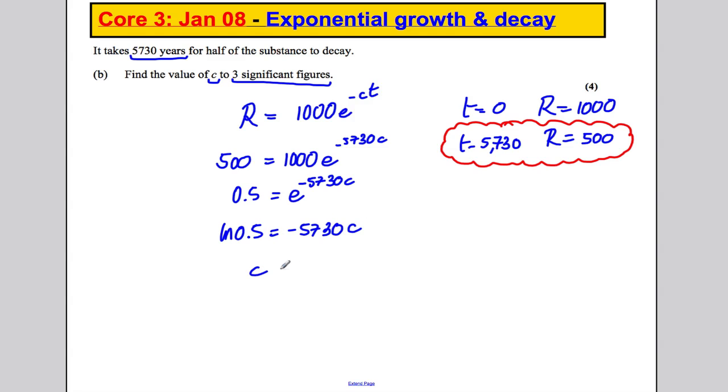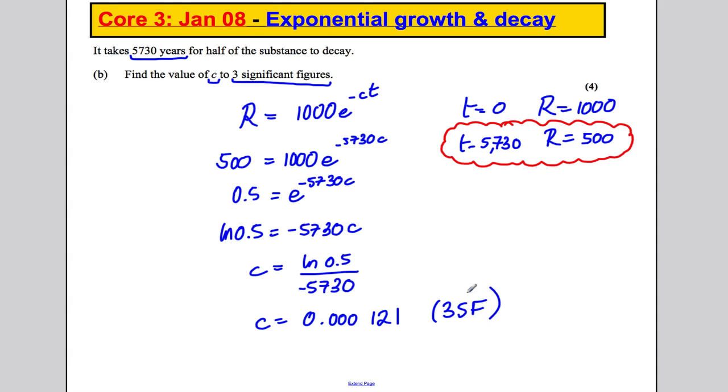I'm just going to make c this side. C must be ln 0.5 divided by negative 5730. Tap that in your calculator and you get 0.000121 to 3 significant figures. And you're done.